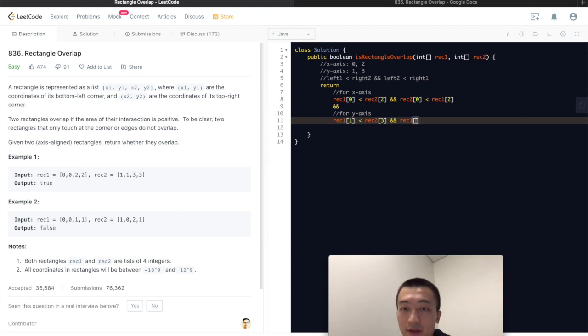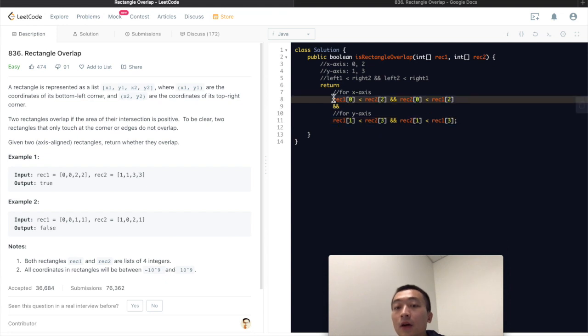The same thing here, rec1's left is going to be compared with left 2. We need rec2. And then here, left is the first one, so the first point on the y-axis is going to be 1. And then right 1 is going to be rec1, and the right point, which is the second point on the y-axis. That's it.